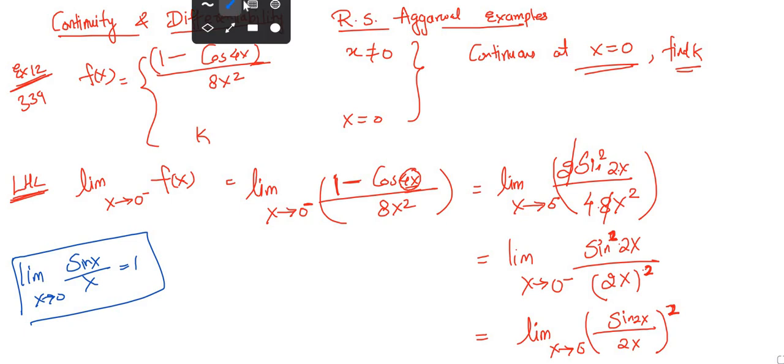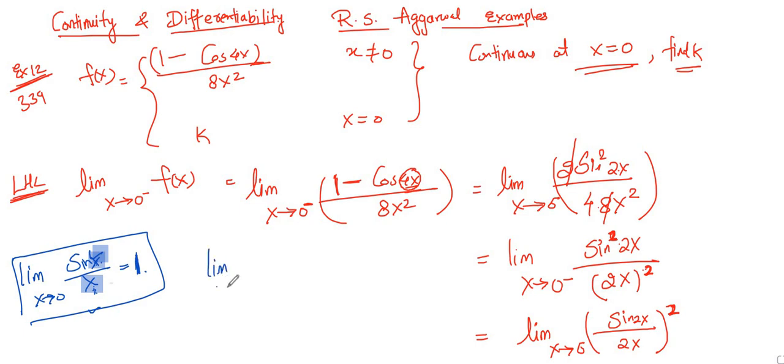Guys, this formula has hundreds of forms. Means if this x and this x are matching, then we say that this is 1. Means instead of x by x, it may be 2x by 2x, it may be 3x by 3x, it may be 5x by 5x. If these two are matching, then this will be 1.